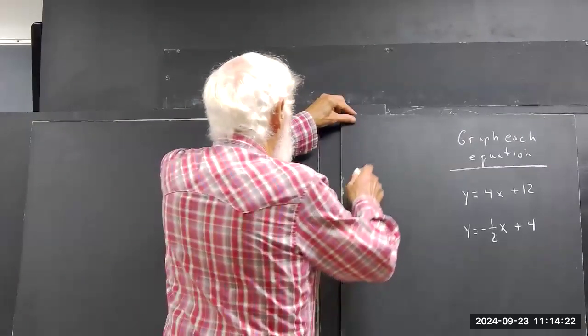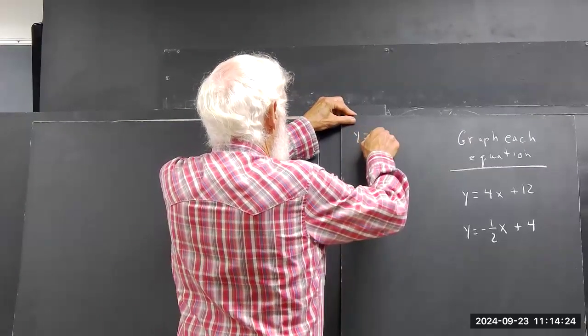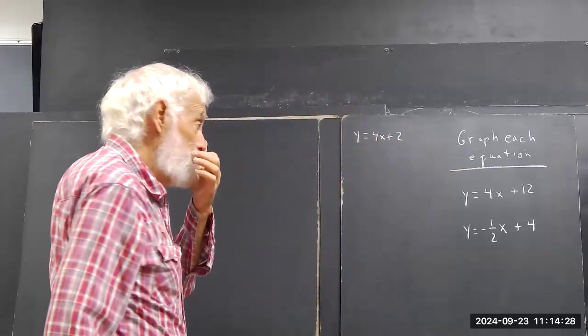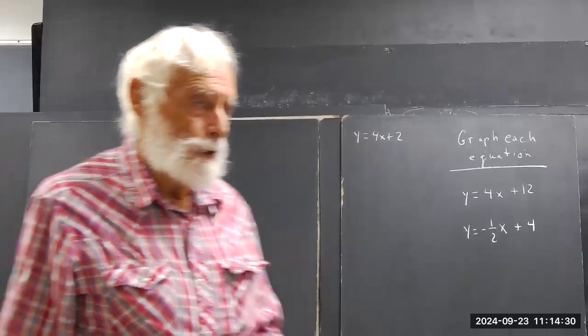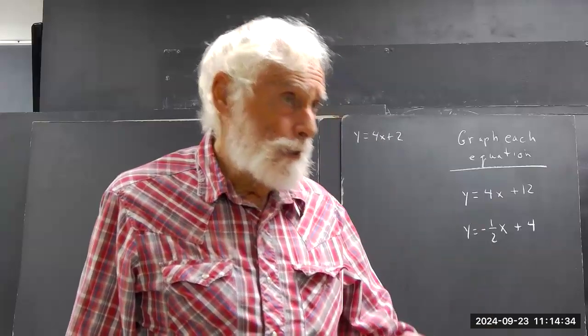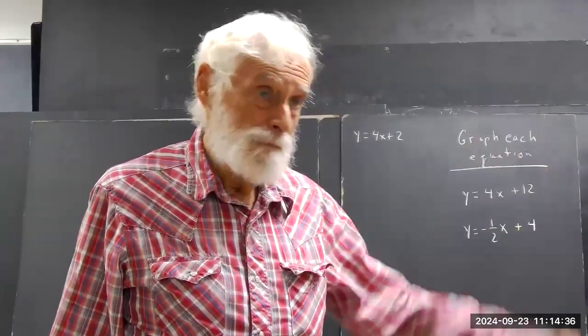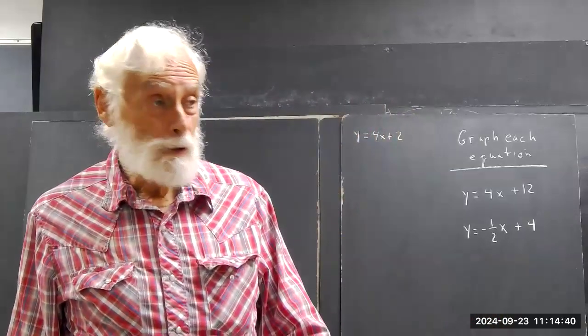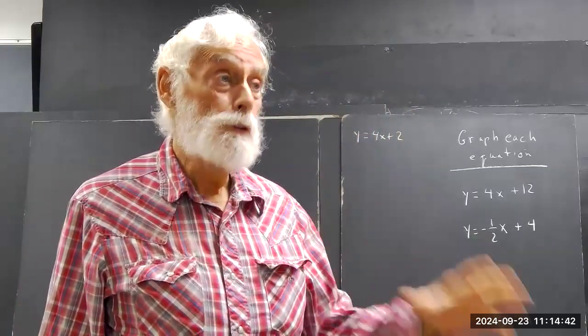Okay, so y equals 4x plus 2. Now, when you write these out, I would really strongly recommend to you, I'm not going to ding you for points if you don't, but you're going to learn it much better if you write out what you're doing.